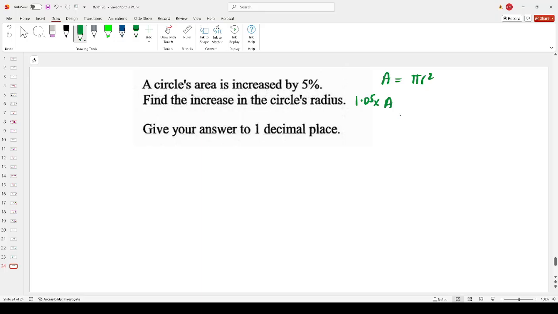Right. So if that's what we're working with, we're not really interested in the original area. We're only interested in the difference. So what do I do with 1.05? Remember, what do we do with the radius? We square it, right? So if I want to work out x, what's it going to be?